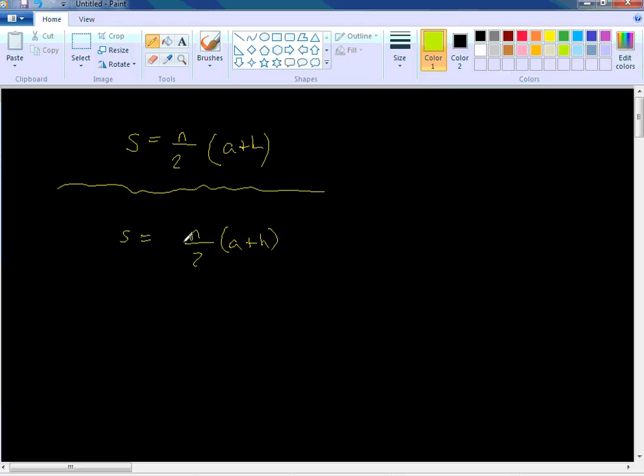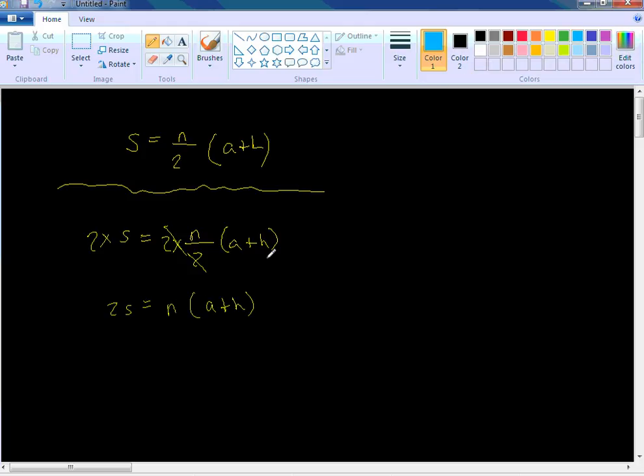What's happening right now with n is it's being divided by 2, so let's multiply both sides of the equation by 2. Now I end up with 2s equals, well, these cancel out if you remember, so equals n times a plus h.